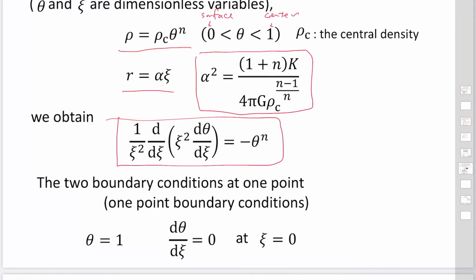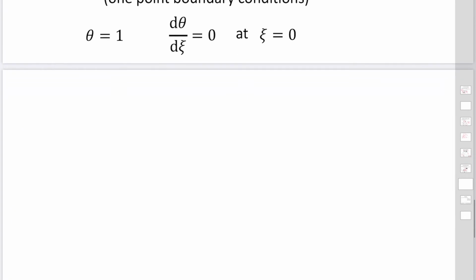Maybe I can show you how to get this equation. r squared over rho to the n minus 1 over n, d rho dr, is expressed as r squared rho sub c to the n minus 1 over n, theta to the n minus 1, and n rho sub c theta to the n minus 1, d theta dr.